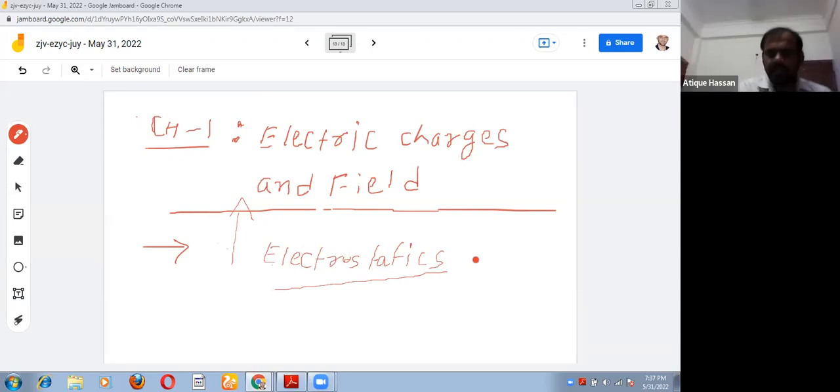We divide electricity in two parts: one electrostatics and second electrodynamics. So in electrostatics, what do we study? We study charges at rest.